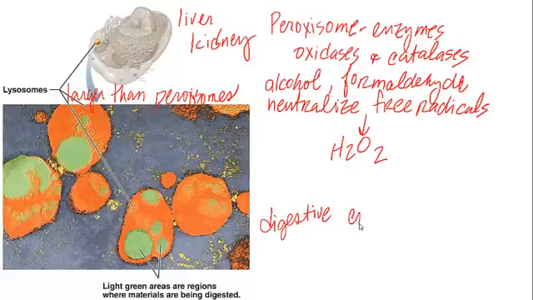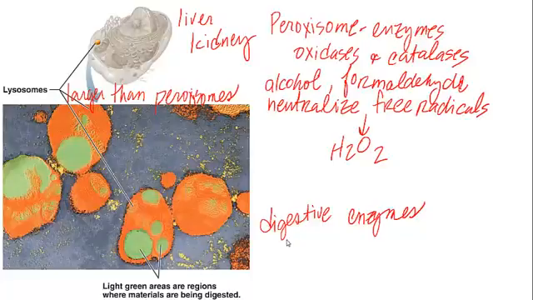Certain types of white blood cells, any sort of cell that has to dispose of invading bacteria, would have lots of lysosomes, and they would have specific chemicals that are going to destroy the cellular debris. So one example of lysosomes is cells that need to be the demolition crew, the ones that need to digest bacteria or viruses.